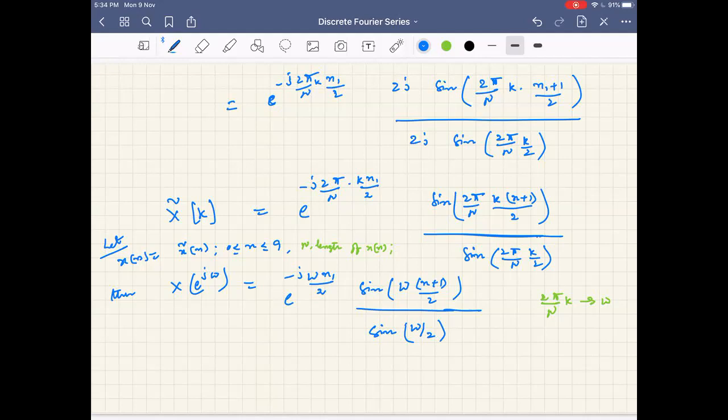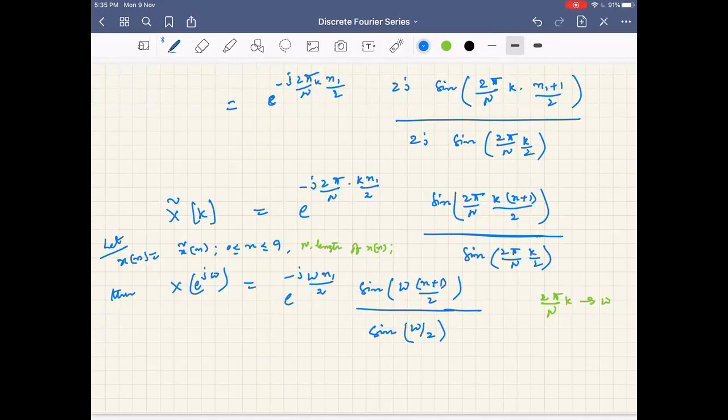In the subsequent classes, we will see whether this is true for any signal x of n, that is, whether it can be considered as one period of x tilde of n.